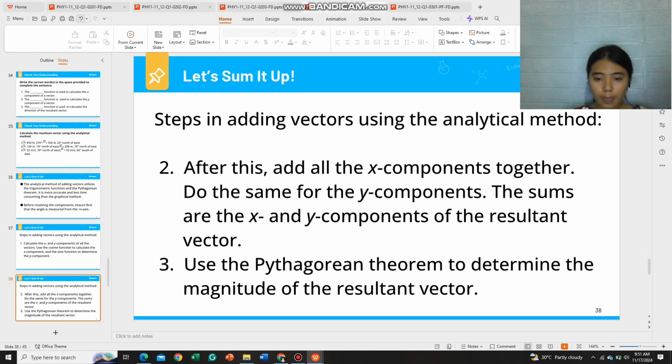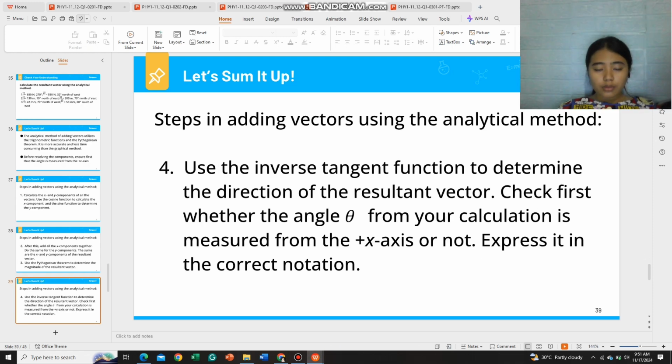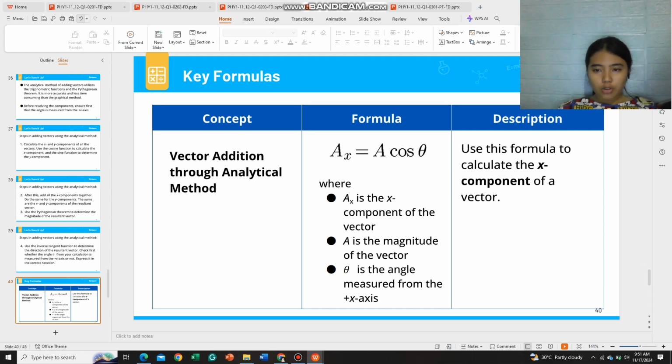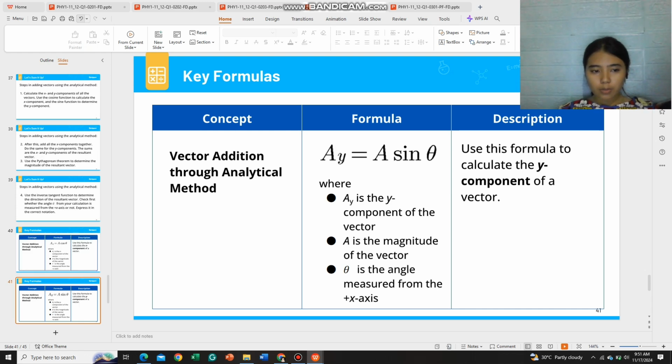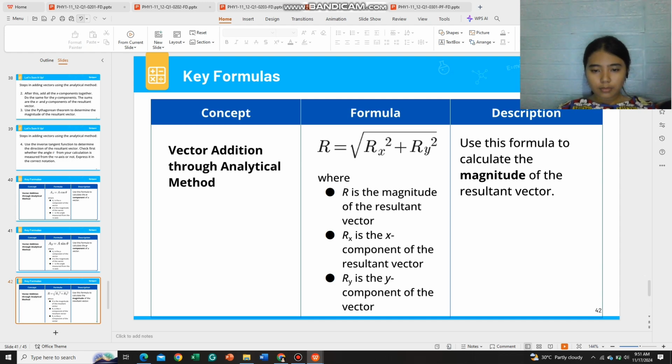Steps in adding vector using analytical method. After this, add all x components together. Do the same for the y components. The sums are the x and y components. So, the steps are here so that your solving will be effective. So, in step 4, then the key formulas.